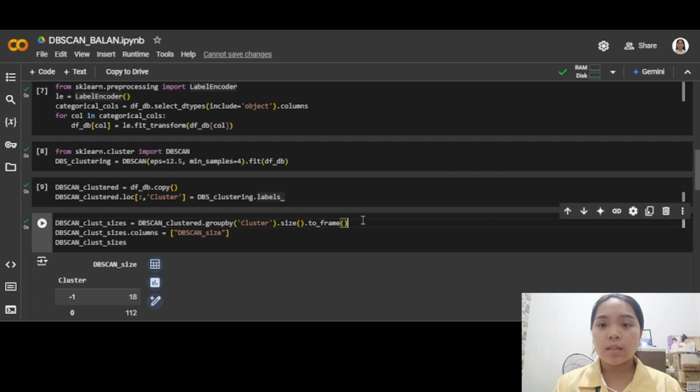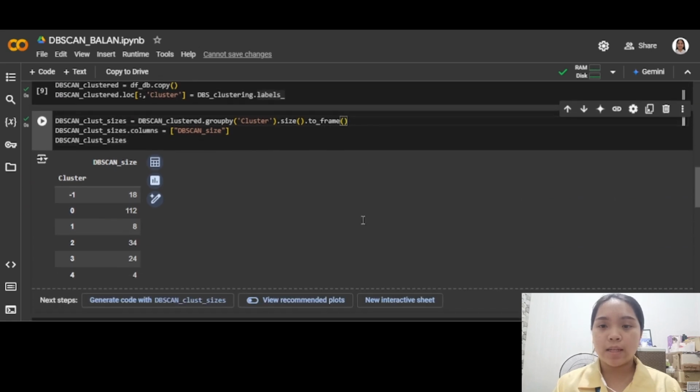And next is for analyzing cluster sizes. So this code calculates the size of each cluster by grouping the data frame by cluster labels and counting the occurrences, providing insights into how many points belong to each cluster.